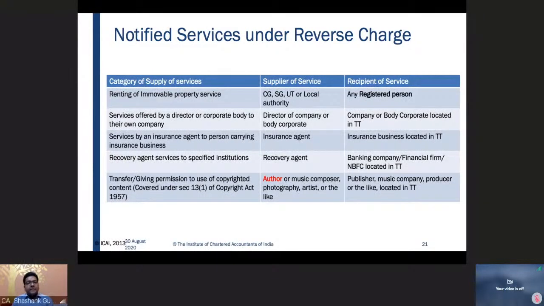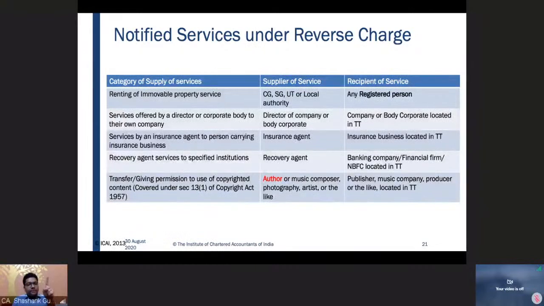Next is services by an insurance agent to a person carrying on insurance business. So here, one insurance company will have 10,000 insurance agents. Now either cover these small insurance agents, 10,000 compliances, or simply cover one insurance company.